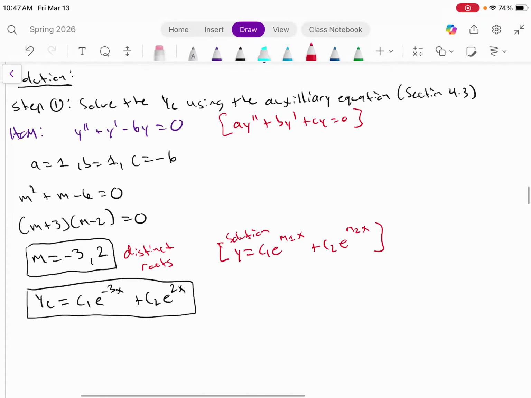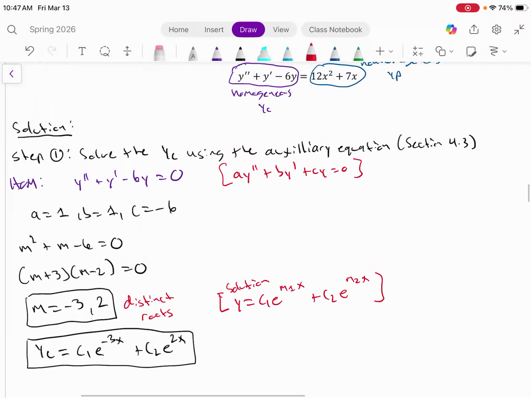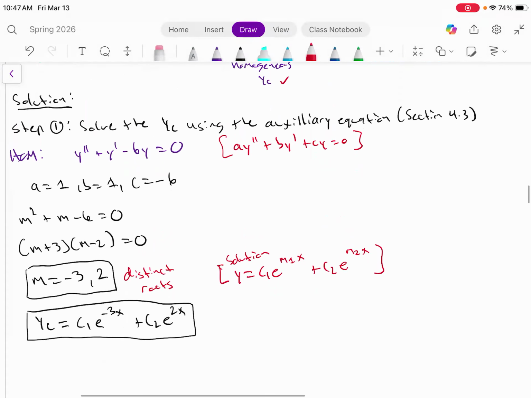We got our complementary component right here. Now is the part where we venture into what we haven't done yet, which is find a non-homogeneous solution using a trial particular solution, the point of this section. So let's check that out.